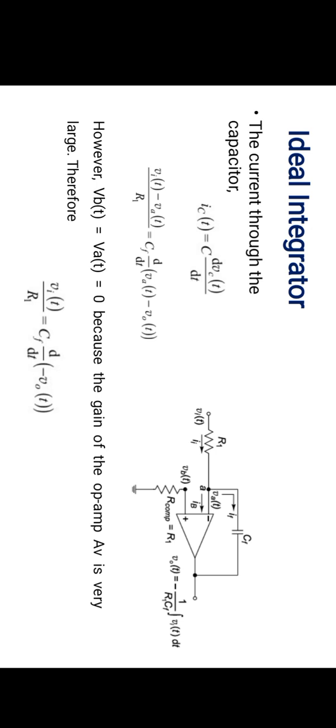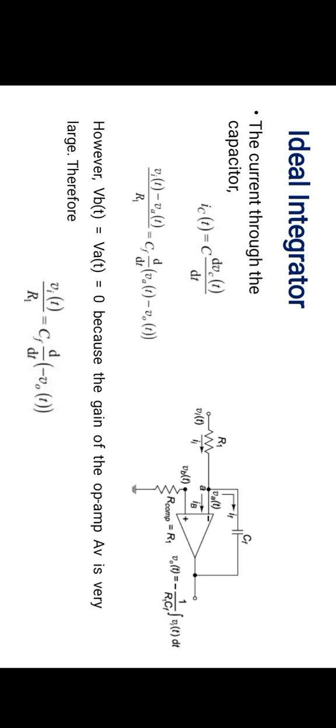The current through the capacitor, IC of t, equals C into dVc of t by dt. So Va of t minus Vb of t divided by R1 equals Cf into d by dt of Vb of t minus V0 of t.